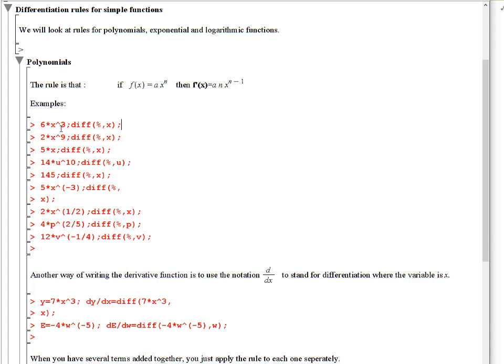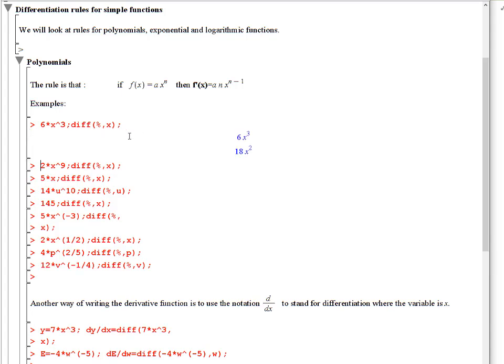So quite simple to see this with some examples. In the red maple language, this is 6x to the power 3, and this means differentiate the last thing, which is that, and x is the variable we're using. So 6x to the power 3, and we get 18x squared. You can see that 3 times 6 is 18, and 3 subtract 1 gives you 2.